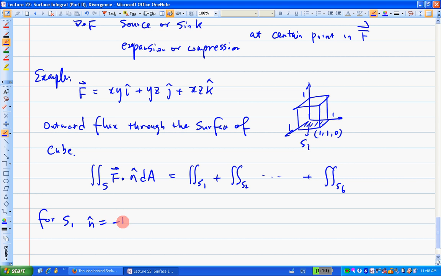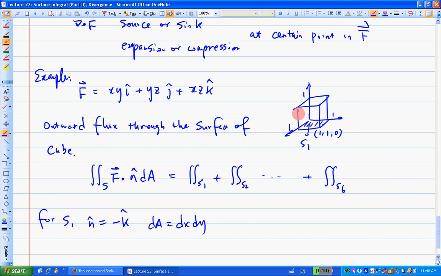Negative k, exactly. That's how you pick it. And then what's the dA over there? That's dx dy. Similarly, for the other ones, you figure out your n hat and your dA.